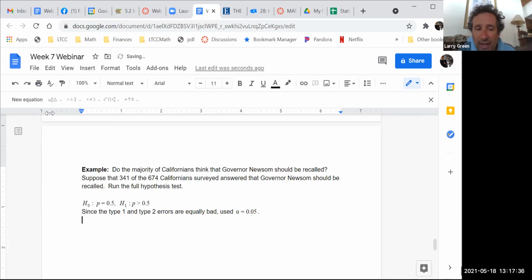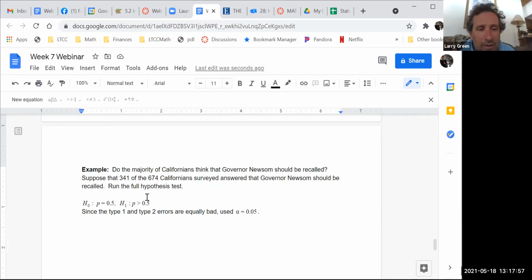Any questions on that? Okay. And like on tests and stuff, the key is you have to explain why. You have to talk about the type 1, type 2 error and say, this is why I used 0.05 or 0.1 or 0.01. And as long as your rationale is correct, I'm good. Okay. So it matters.